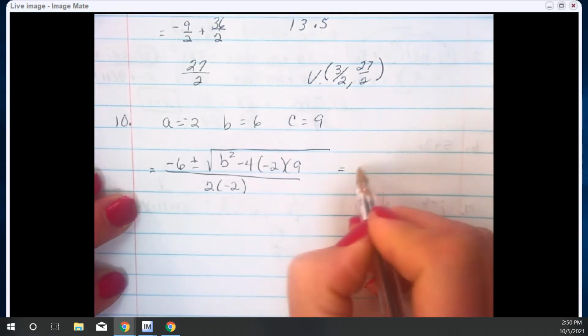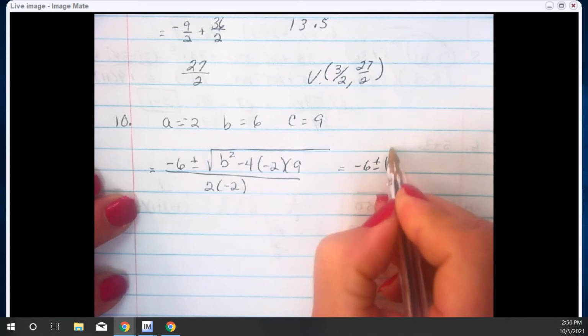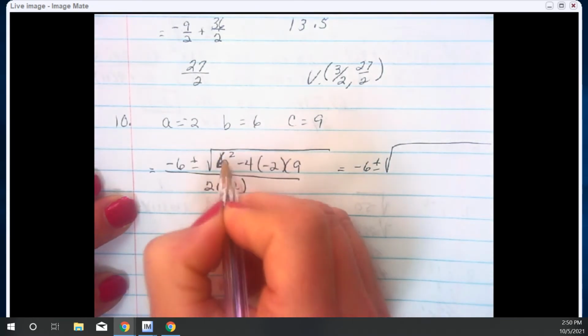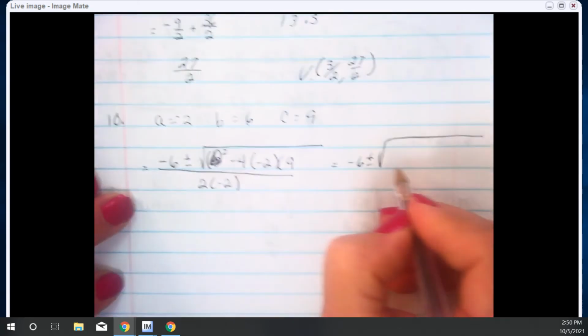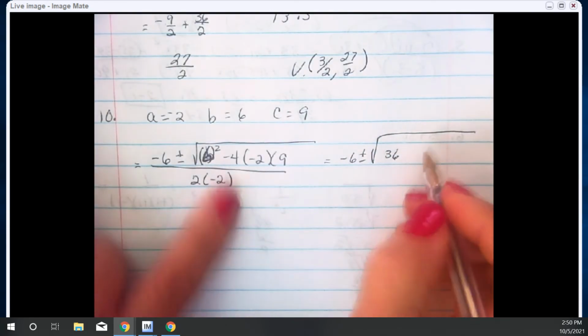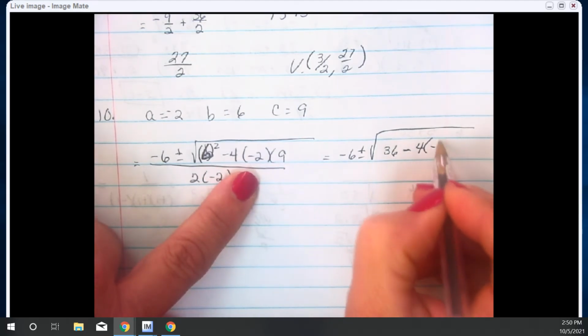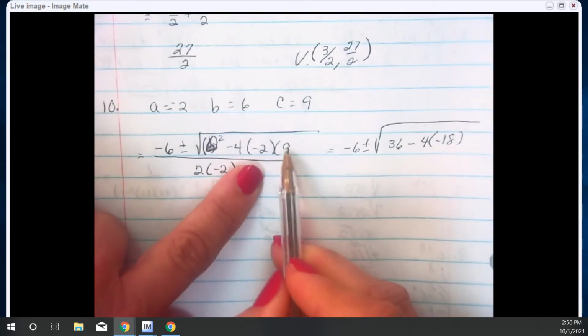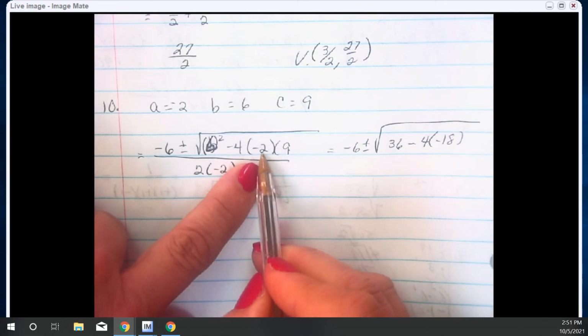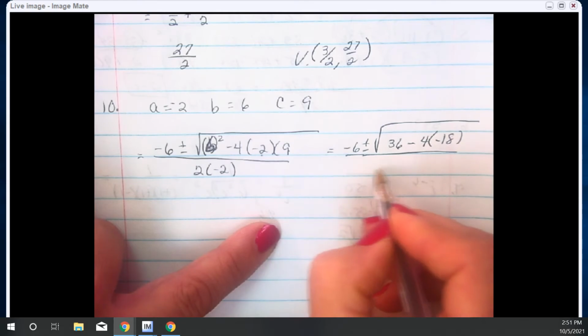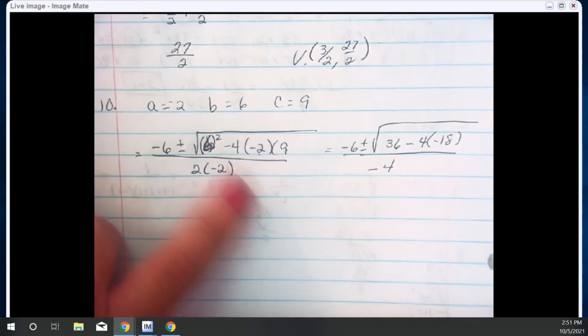Going with the order of operations, the grouping symbols first, 6 squared, 6 times 6 is 36, minus 4 times a negative 18. I'm going to go ahead and say 9 times 2 is 18. It does not matter in what order you multiply those together.